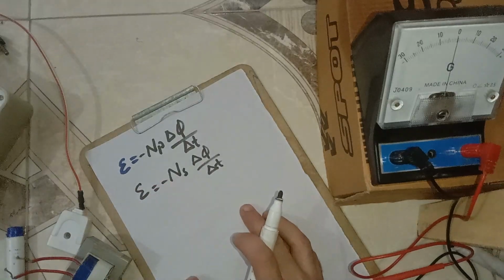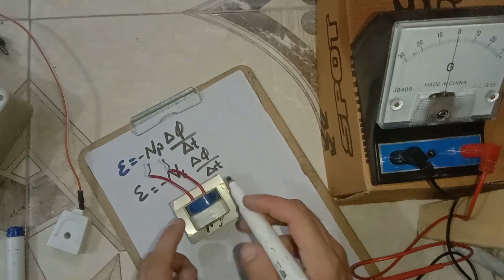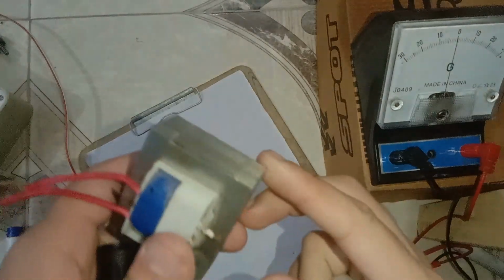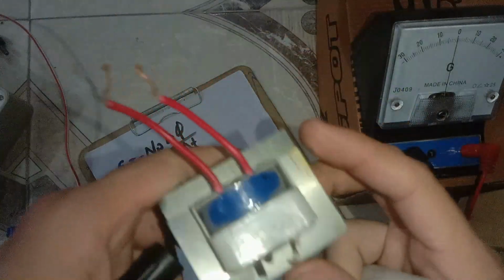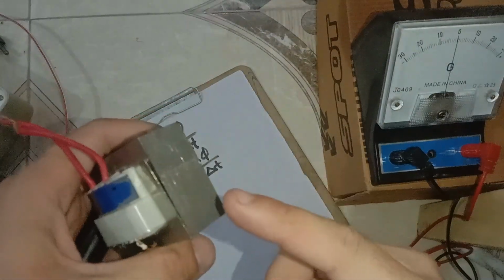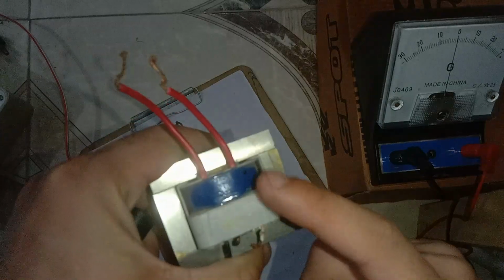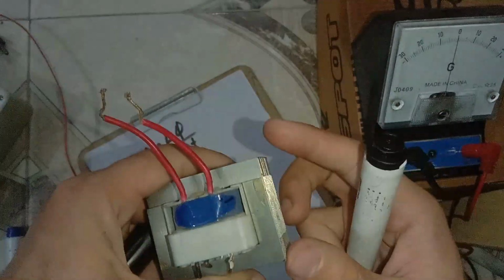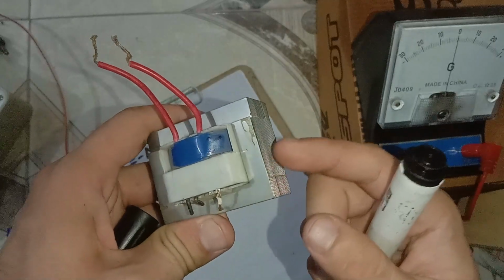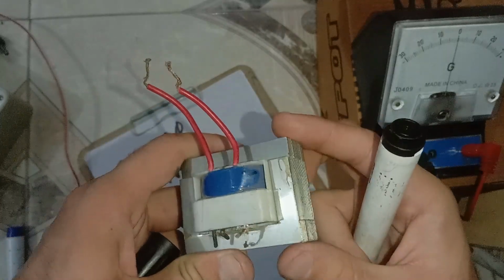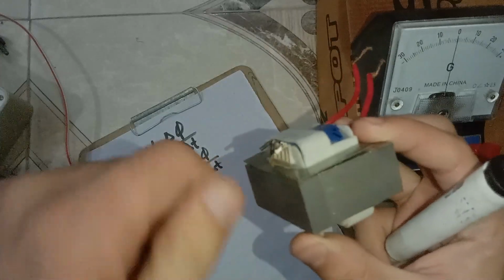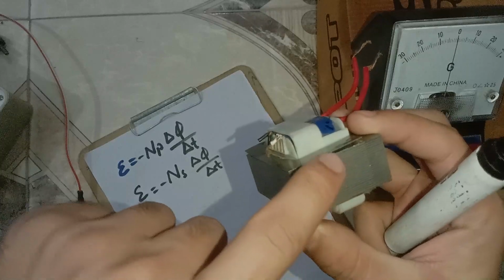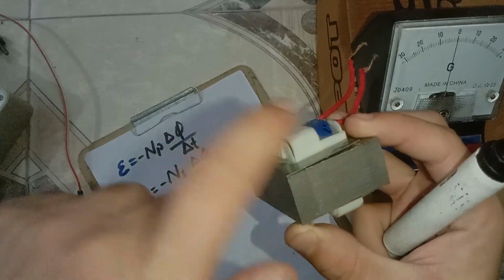Okay, so here we have this iron core, and this iron core supports the magnetic field. So here the change in magnetic field will be enhanced by this iron core. And this iron core consists of magnetic domains.